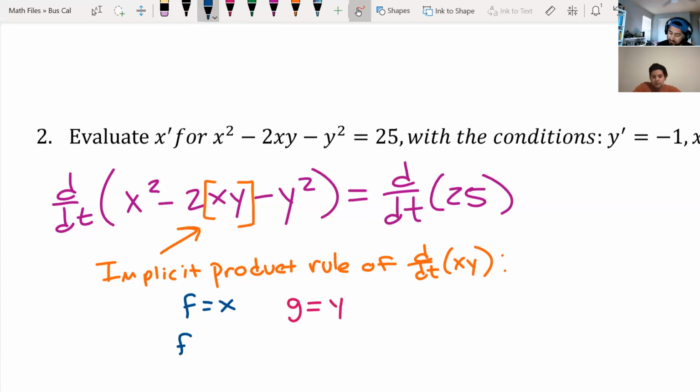So this means that the implicit derivative of x with respect to time is going to be x prime, and the implicit derivative of y with respect to time is going to be y prime.